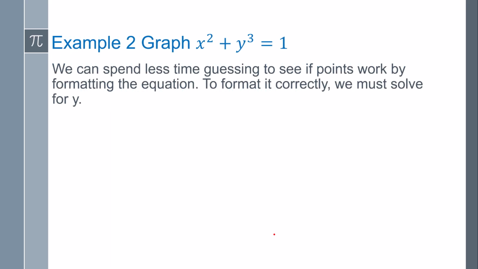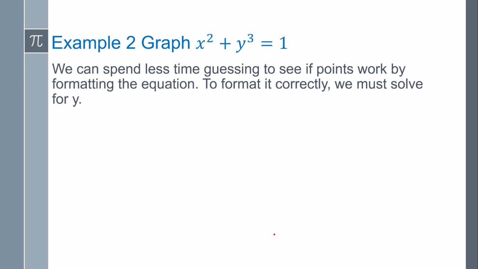Now, we can spend less time guessing whether points work by formatting the equation. We're used to equations where it says y equals something, because it's actually easier to find the values on the graph.